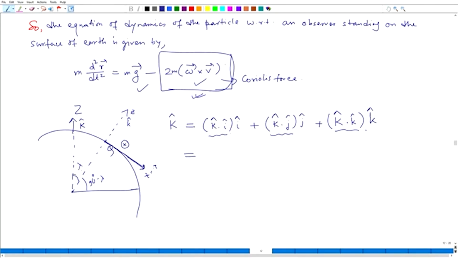So, here you see that will be simply cos lambda k cap. Now, if the y direction is perpendicular, the inward direction to the plane of the paper, then k dot j cap will be 0. And what will be this one?